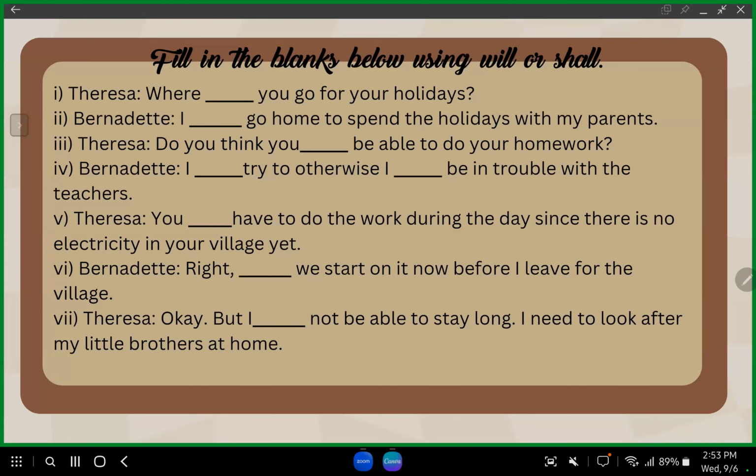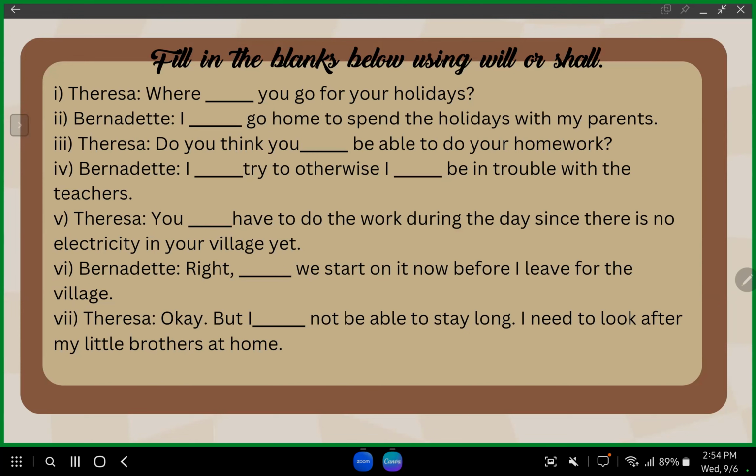Otherwise, I shall be in trouble with the teachers. Did you say "I will try to" or "I shall try to"? Alaf saying that I will try to. Otherwise, I shall be in trouble with the teachers.